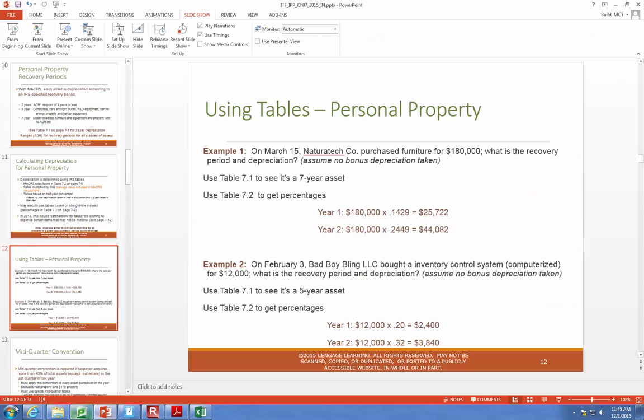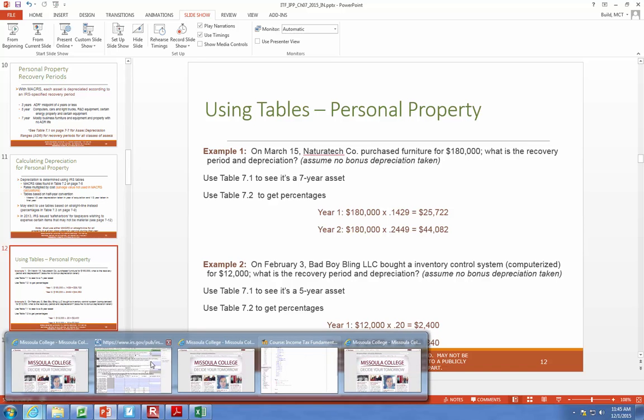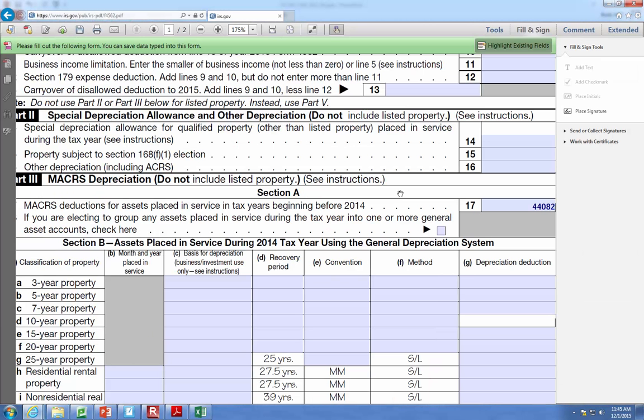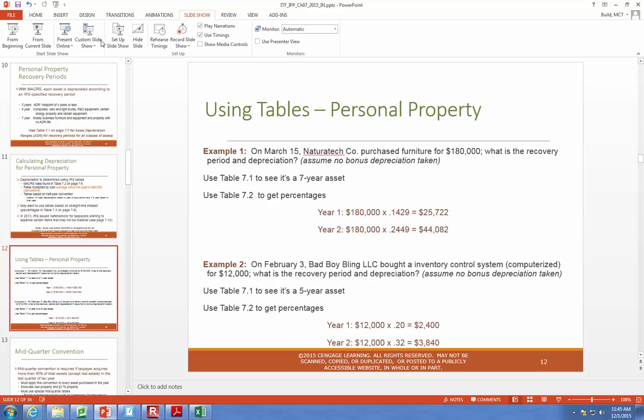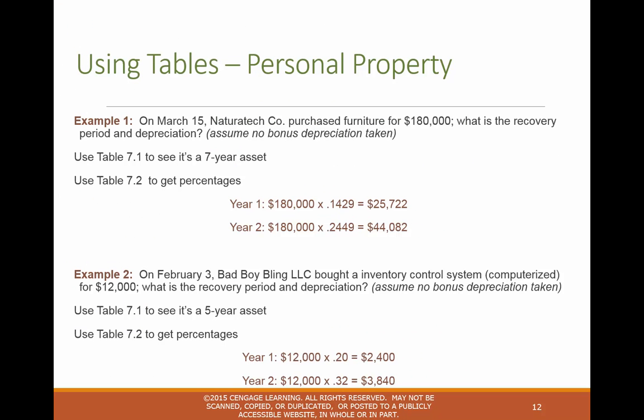Okay, so does everybody feel fairly okay about what we just did here on the 4562? All right, let's just keep moving forward just because there's a lot of content in this chapter. So then in the next one, what do you think a computerized inventory control system, how many years do you think that's going to go over? Look at your table 7-1. You think that's a 5-year asset, and I agree.